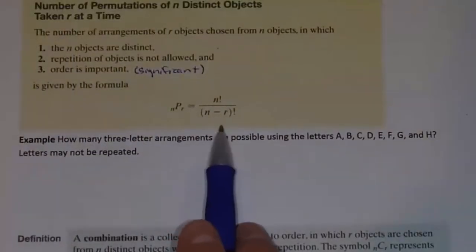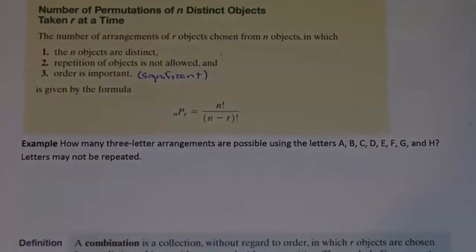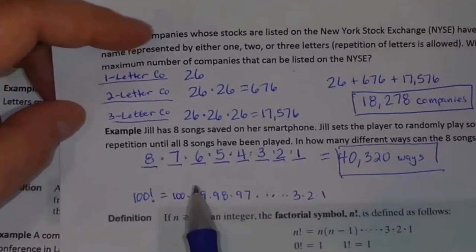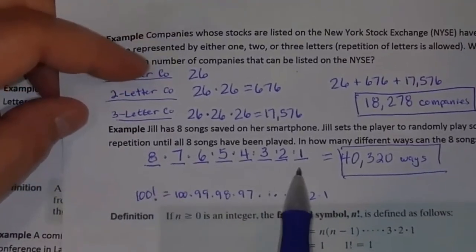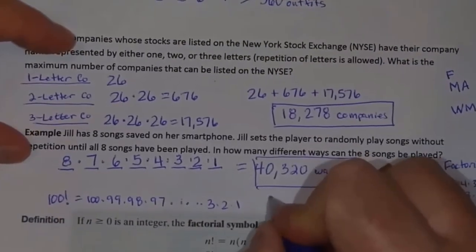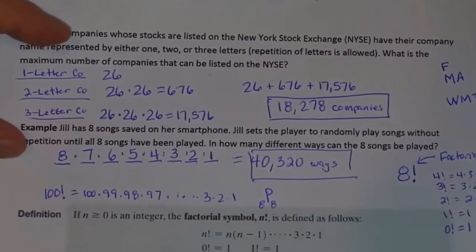So this formula will work, and it will always work. Look up here at this problem. Now, at this problem, we had 8 songs, and we were going to play all 8 of them. So that would be a permutation of 8, choosing all 8.